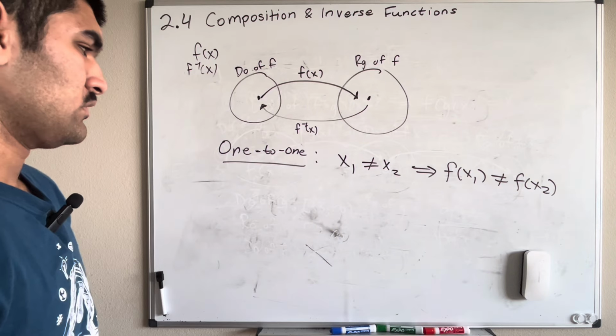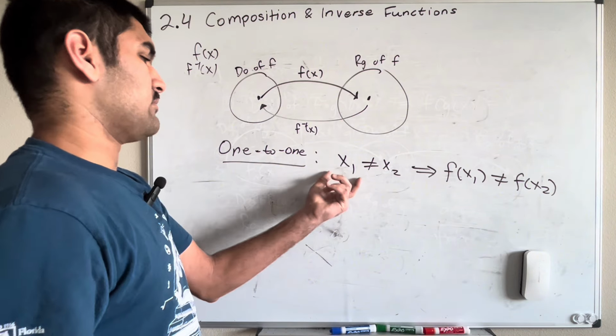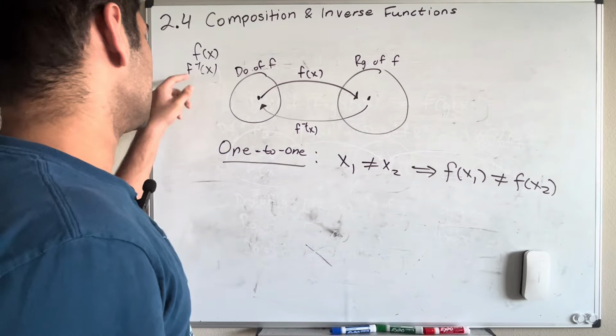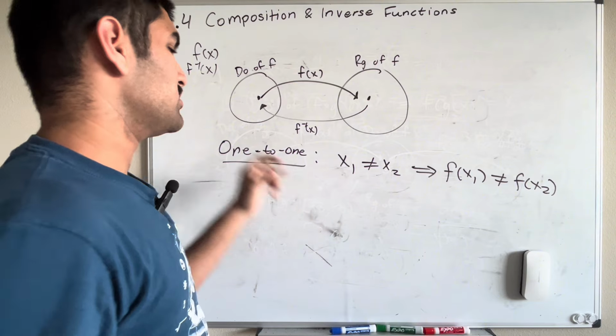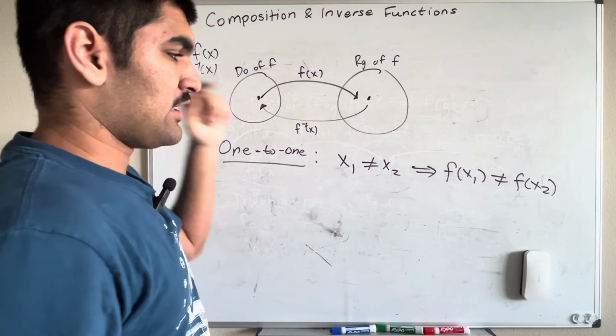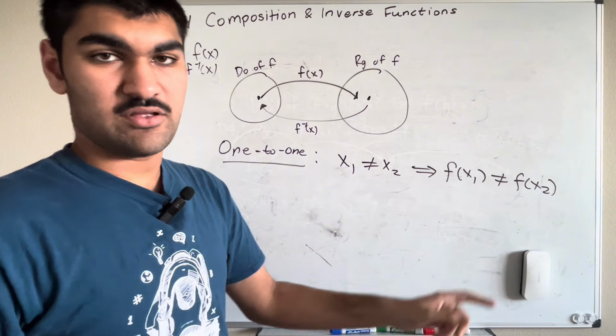So if you put 2 into the equation and you put 3 into the equation, you're not allowed to get the same output value.